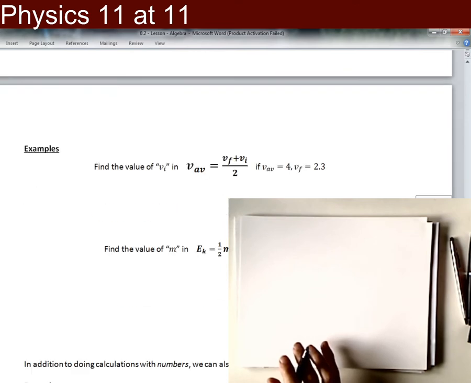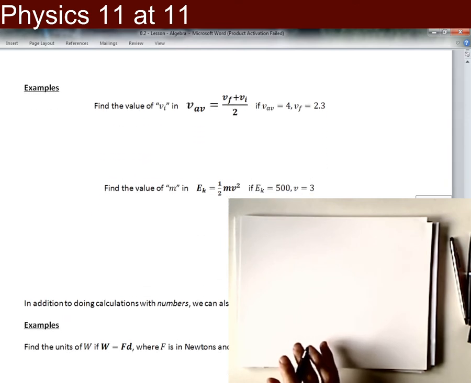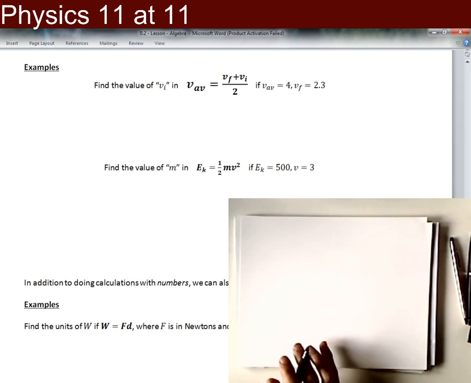As we proceed, we have to deal with letters as well as numbers. Now, notice what this says. This says solve for VI, which is inside of that equation up there. So there's actually two different ways to do this.